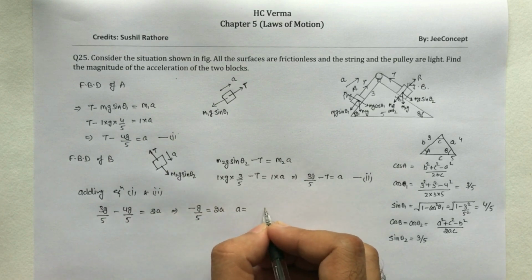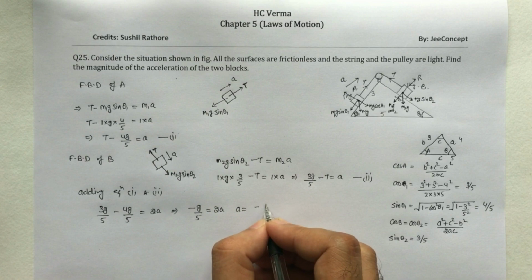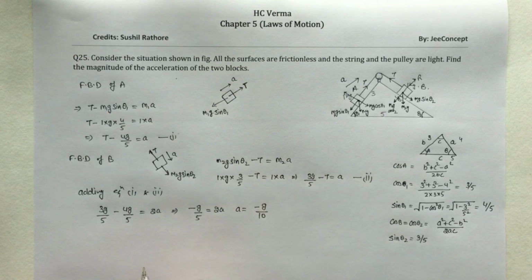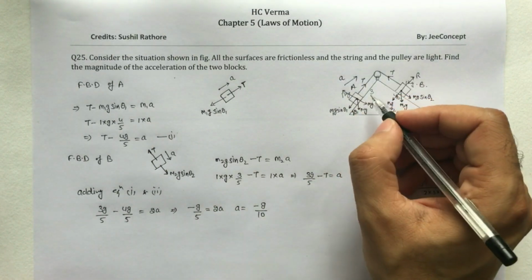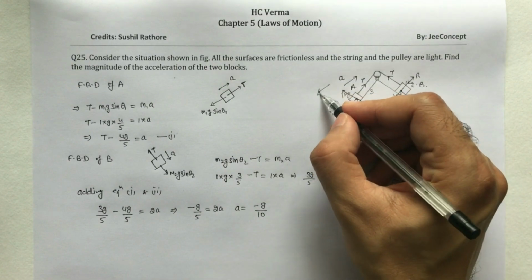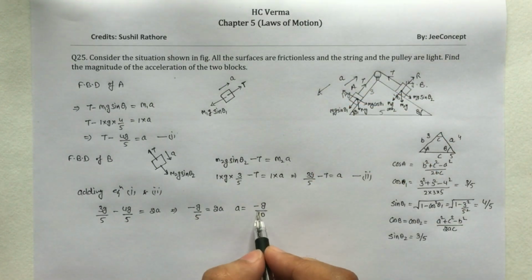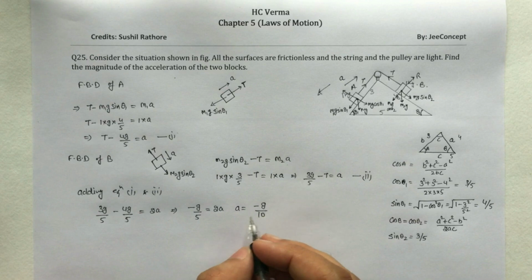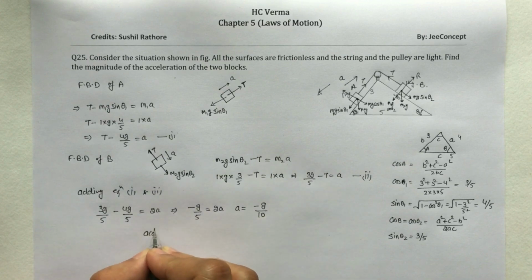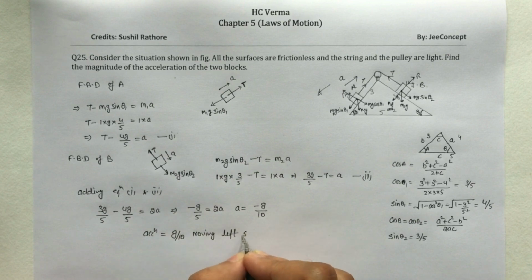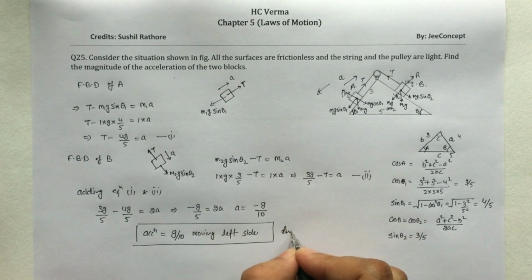So the acceleration is minus g by 10. That means this system will move in the other direction, because there is a minus sign. So I'll say the acceleration is g by 10, moving to the left side. This is the solution of this problem.